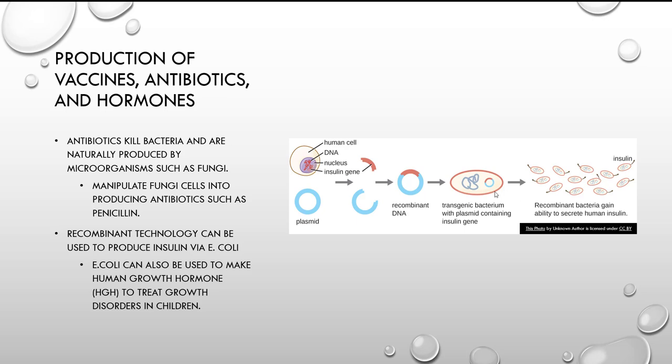We could also use the human gene that produces human growth hormone, so we can actually do that to treat growth disorders in children. There are other genes that we can use aside from the insulin gene to treat other hormone disorders.